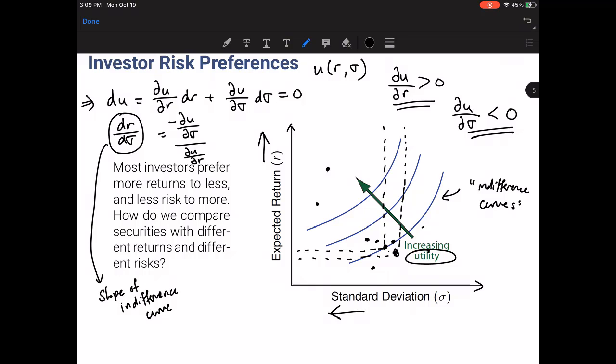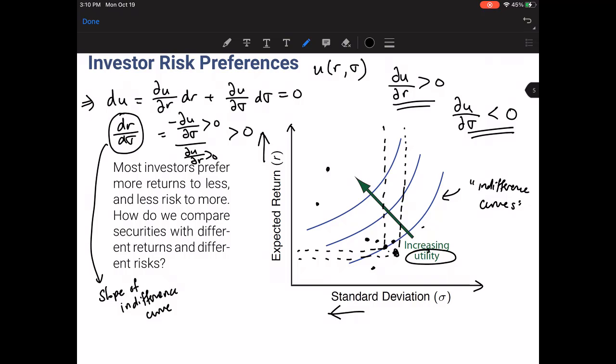These are both positive, right? Because dU over d sigma is negative, multiplied by a negative sign is going to be positive. And dU over dR is also positive. So this entire coefficient here, or this relationship between R and sigma, is going to be positive. Okay, so let me give you some verbal explanation of what this is saying.